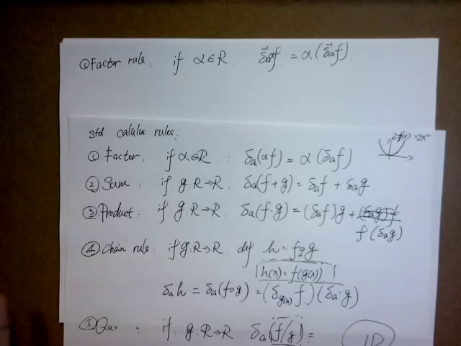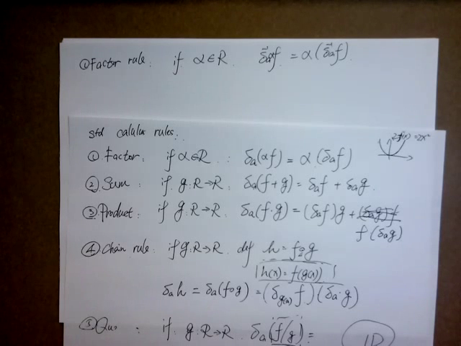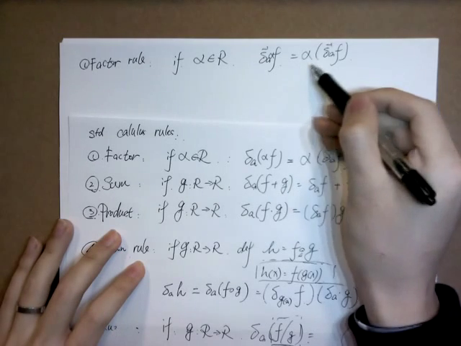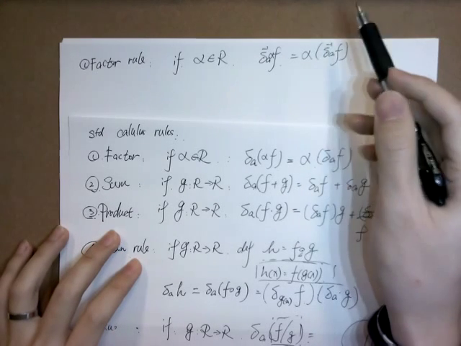If you remember the 3D paraboloid case, if alpha equals 2, then the original paraboloid should be like this, and if I multiply by 2, it will become like this. So that means all the gradients will have the same direction but double the magnitude.